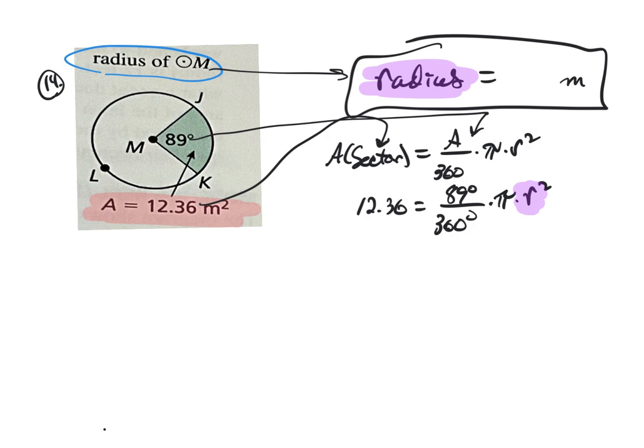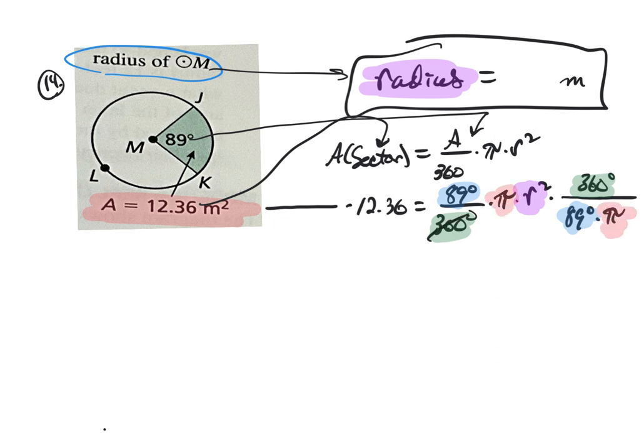And like we are going to do in class some more, like we've done in other sections, I'm going to choose to do this in one step. To get the r squared by itself, I'm going to multiply both sides by 360 over 89 and pi. The idea is that the 360s cancel top and bottom, the 89s cancel top and bottom, and the pi's cancel top and bottom.